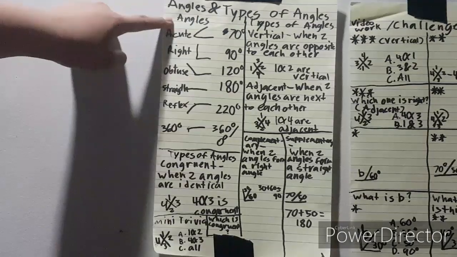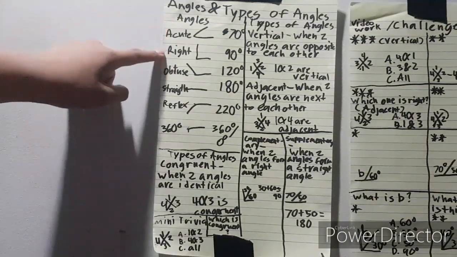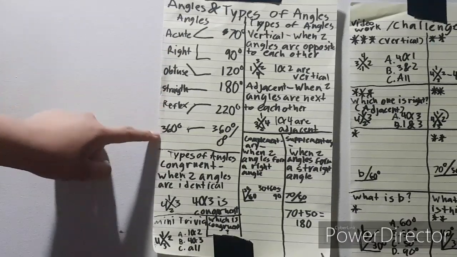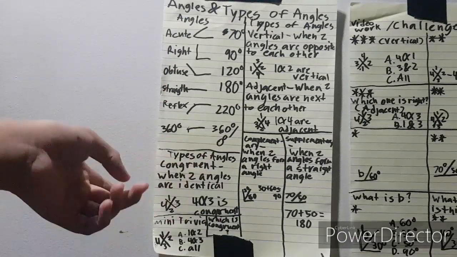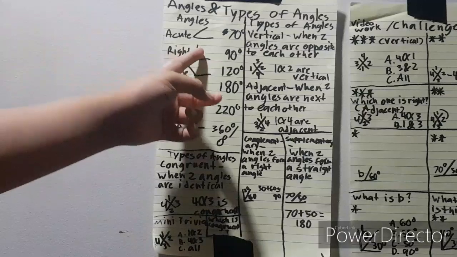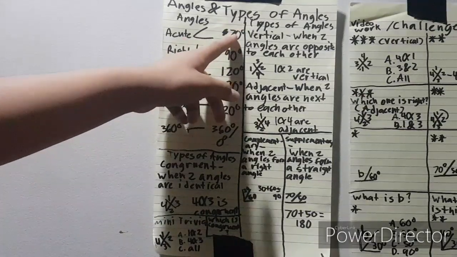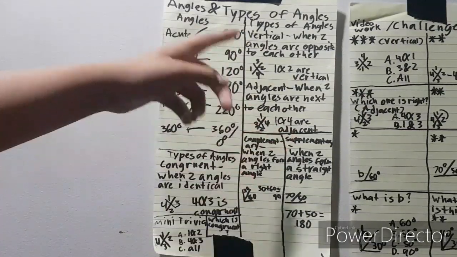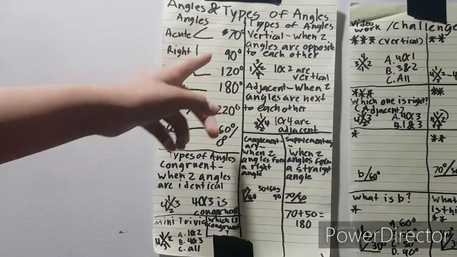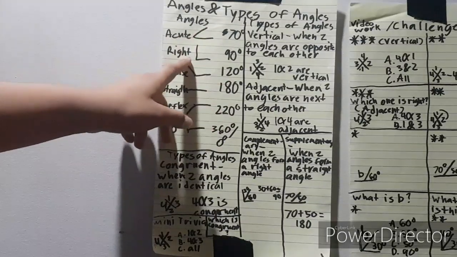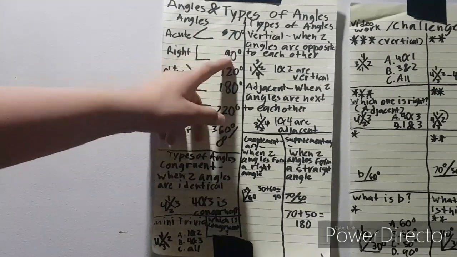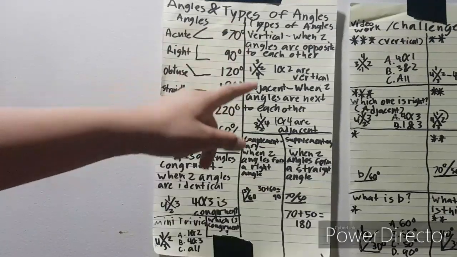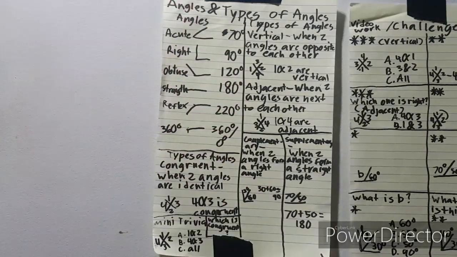For the angles here, it's acute, right, obtuse, straight, reflex, and the full 360. For acute, it needs to be 70 or lower to be classified as acute. For right, it's supposed to be an L shape and specifically 90, or else you'll get an obtuse or an acute.